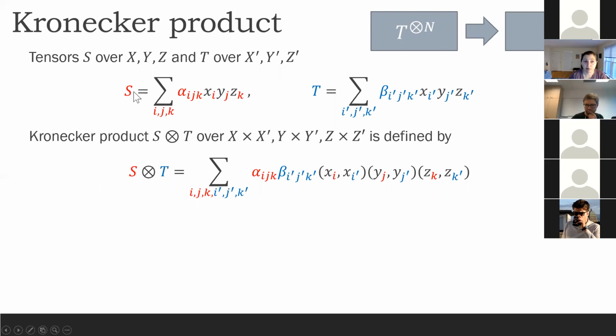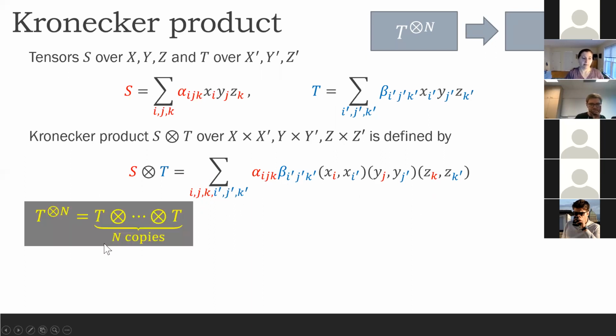So the Kronecker product of S and T is a tensor whose variables are pairs of x variables, pairs of y variables, and pairs of z variables. And the coefficient is just the natural coefficient you would get by multiplying the two polynomials. Okay, that's the Kronecker product. The Kronecker tensor power of T is just multiplying T by itself n times.